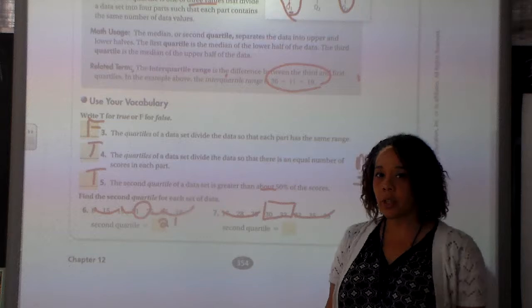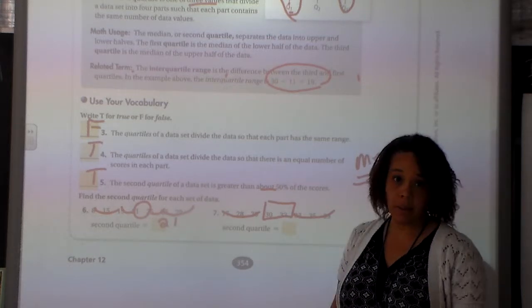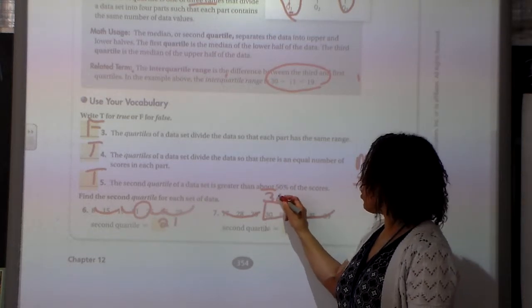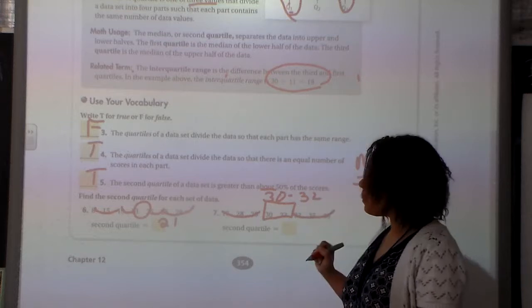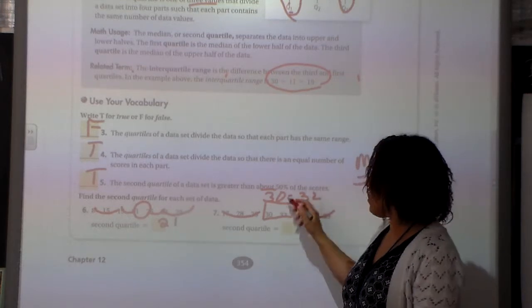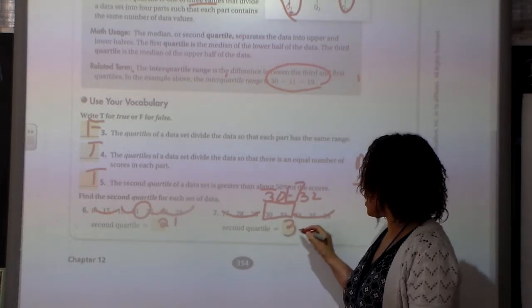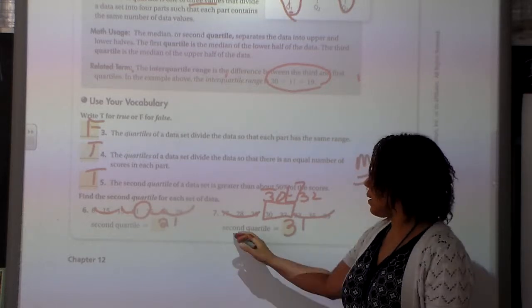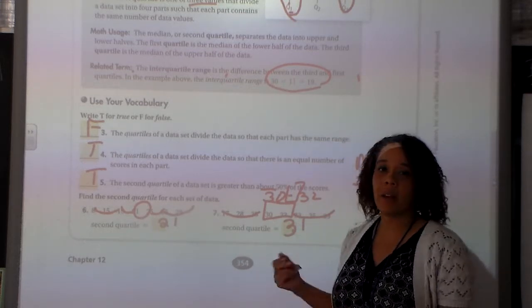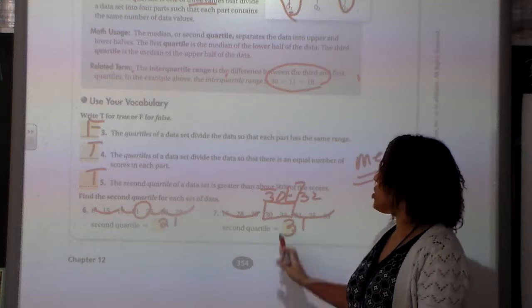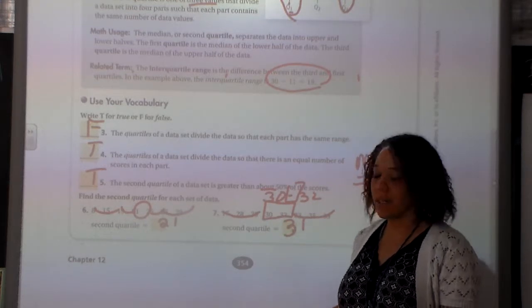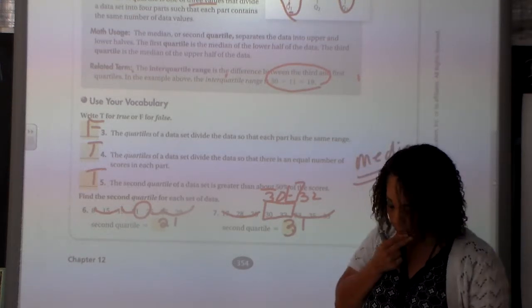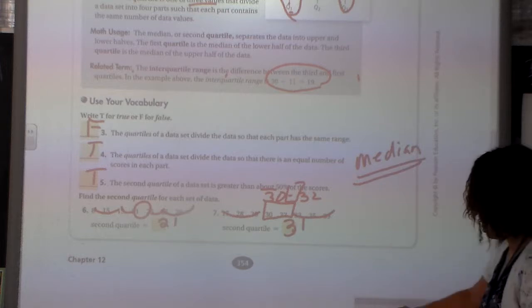You find the mean of those numbers. Between 30 and 32, the middle number is going to be 31. So here our second quartile is 31. Notice you don't see 31 listed here. That is perfectly okay. Let's go on to our next page.